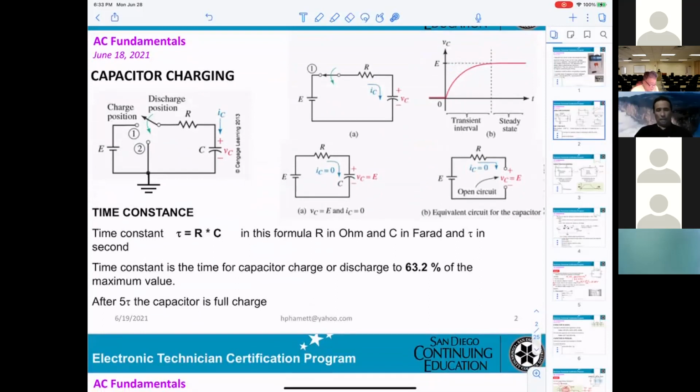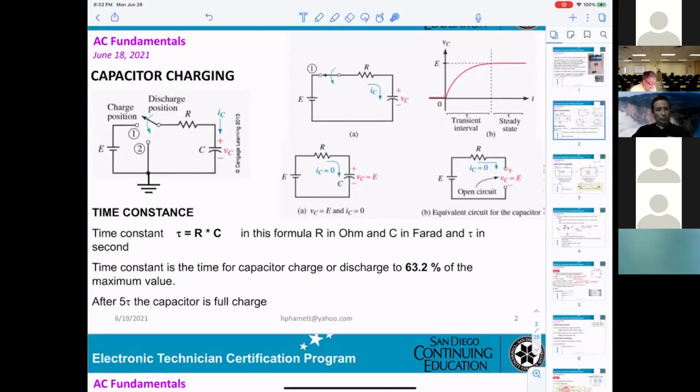The only thing I want to make sure you memorize: time constant equals R times C. In this formula, R has to be in ohms and C has to be in farads. That's the first thing. The second thing is the definition of time constant. Time constant is the time for the capacitor charging or discharging to reach 63.2% of the maximum value.